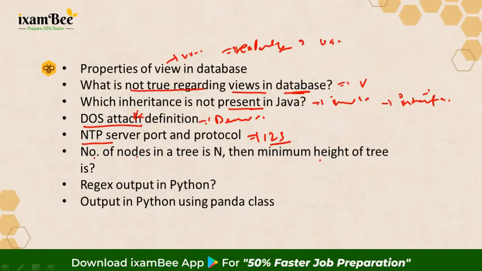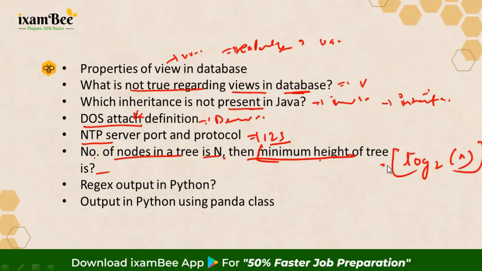The next question is, if the number of nodes in a tree is n, then what is the minimum height of the tree? The concept of minimum height is based on the shortest possible distance from the root to the farthest leaf node. In a binary tree, the minimum number of levels required to hold a given number of nodes follows a fixed formula, which is log 2n, to check the height of the tree.